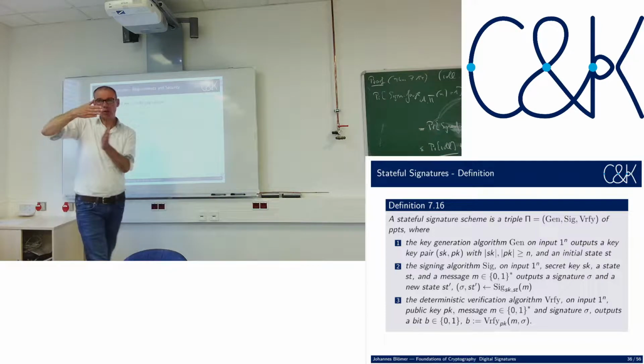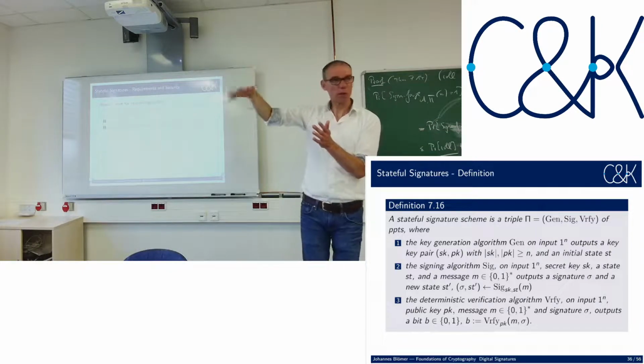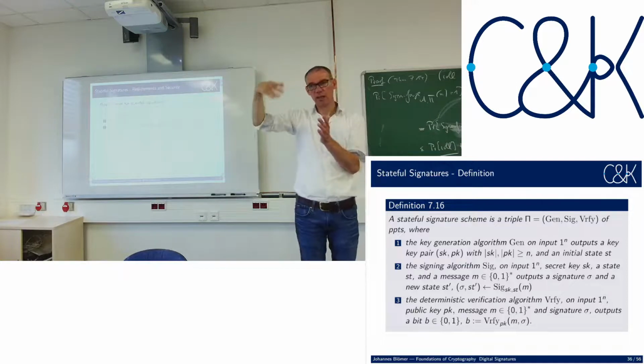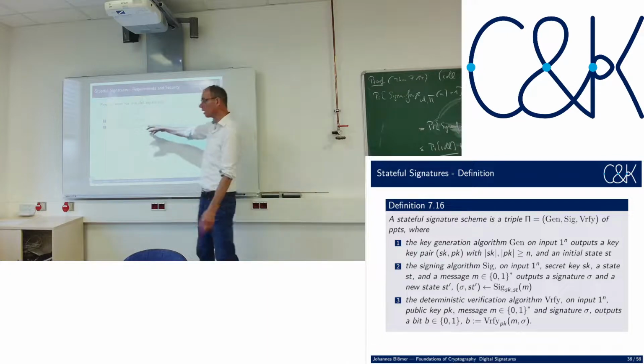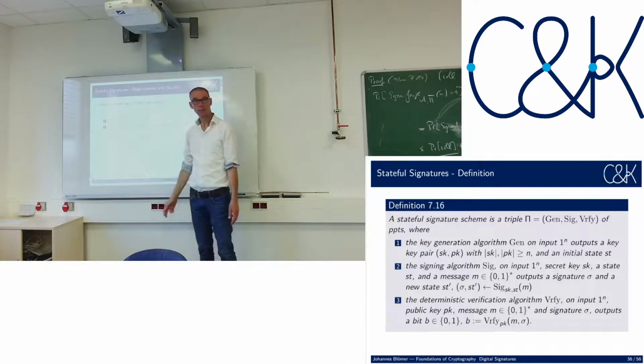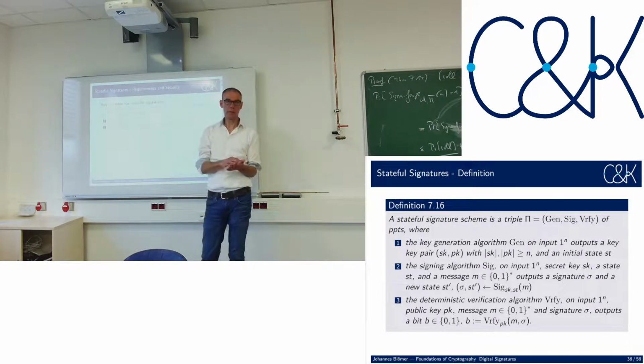So the state should not grow too fast, so that you can sign polynomially many messages and the state is still polynomially large. Originally, the state is typically empty. It's just the empty string.